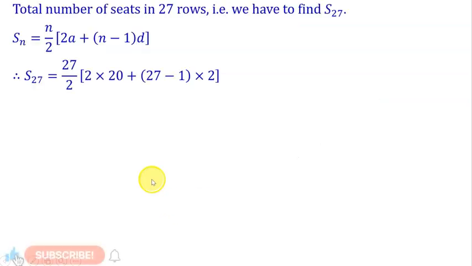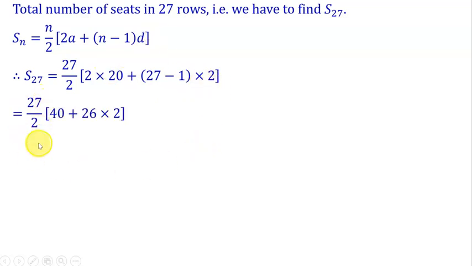Okay. Now total number of seats in 27 rows. That is, we have to find S27. मग Sn चा फॉर्म्युला घेणार. Sn is equal to n upon 2 in bracket 2a plus (n minus 1) into D. Substitute n, 27 upon 2, 2 into 20 plus (27 minus 1). D is 2.